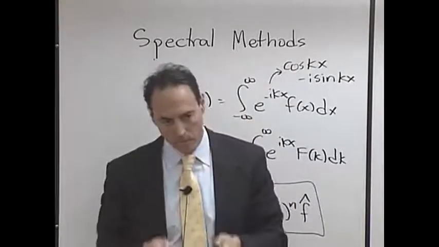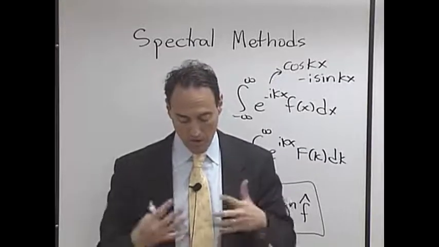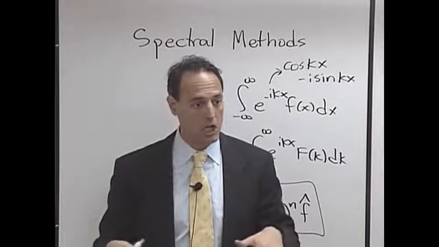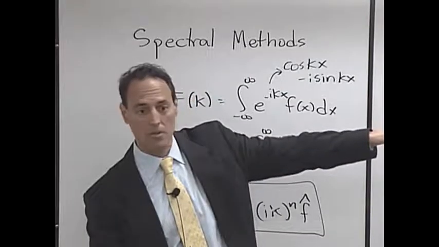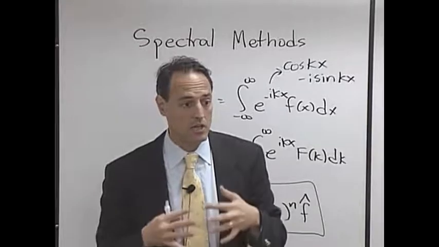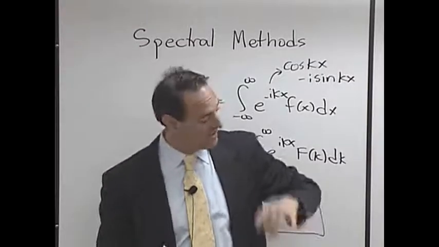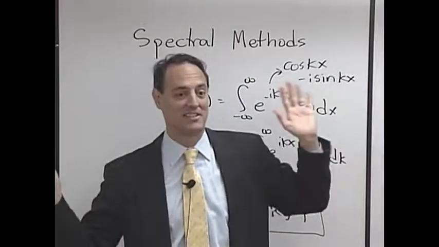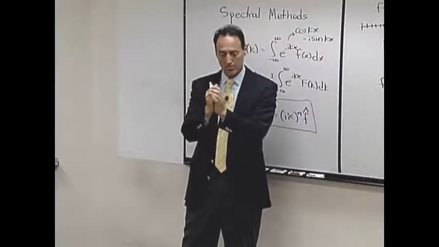If I'm at this point in X, to evaluate what's happening around me, all I need to know is what's happening with my local neighbors. Way down on the edge of the domain is another part of the domain that doesn't talk directly to this point. It talks to this point through neighbors of neighbors of neighbors of neighbors, and they all connect, right? But ultimately, it's local. That's the important thing.